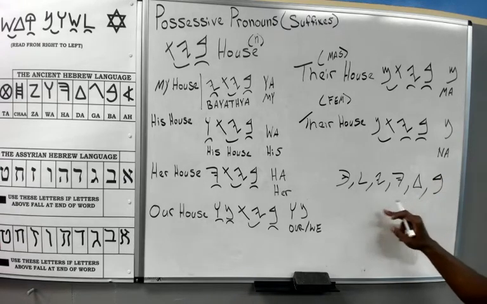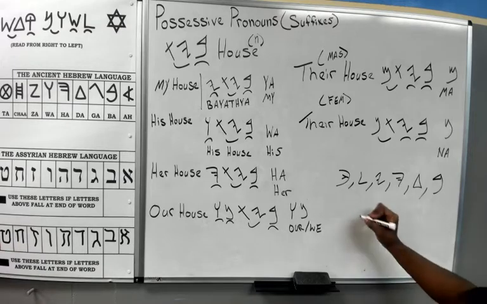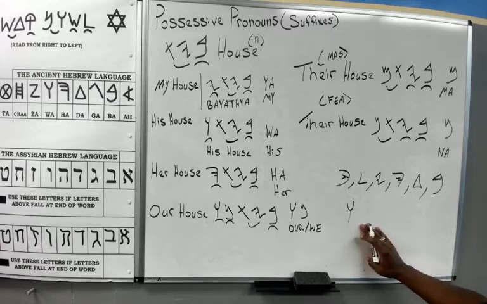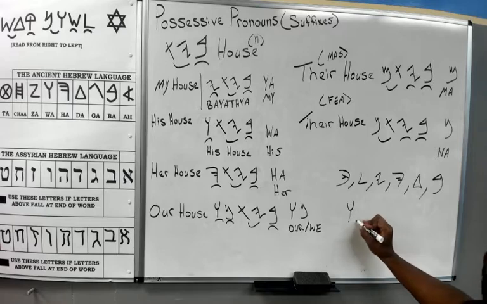That's 1, 2, 3, 4, 5, 6. Oh yeah, you got wa. That's also another one. You also got ma.